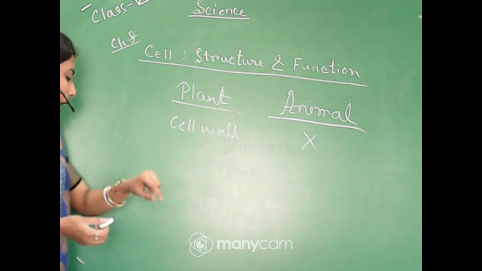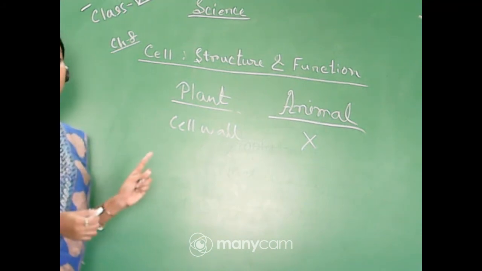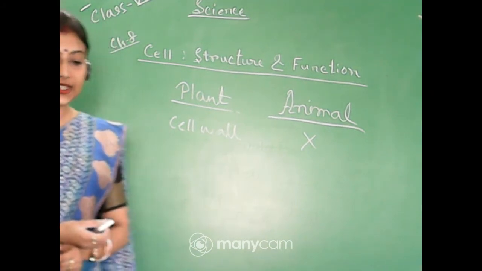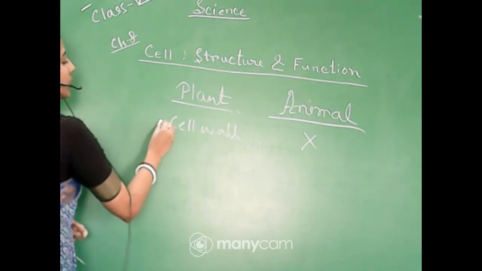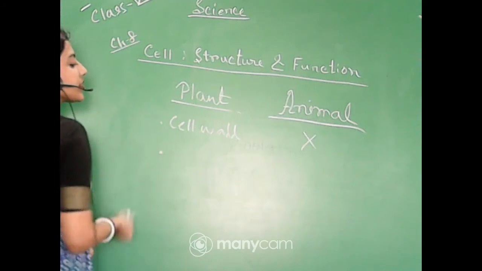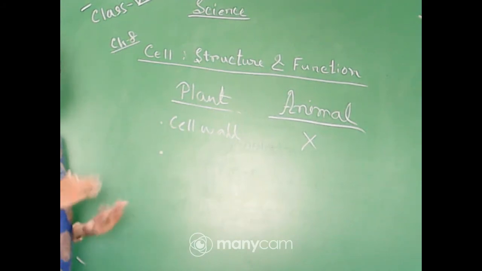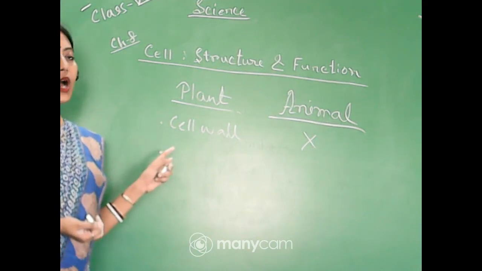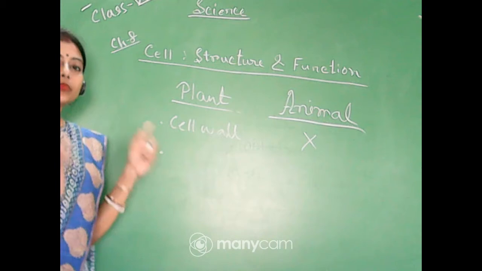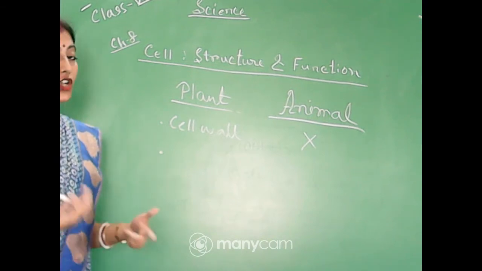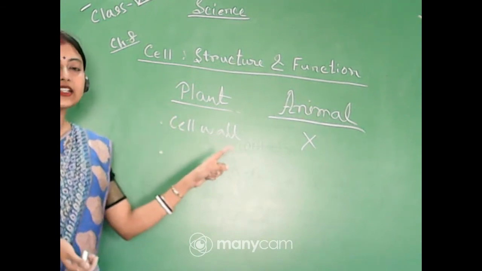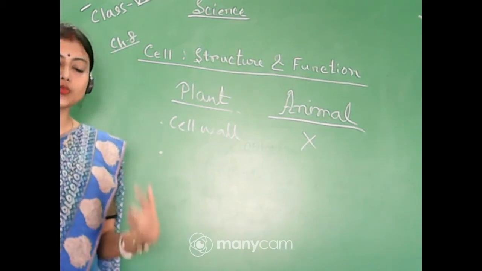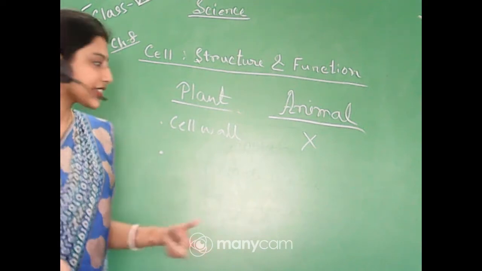Okay, what are the other differences between the plant and animal cell? Exactly, the presence of vacuoles. Now what is a vacuole? Vacuoles are large cavities present inside the cell of the plant. In the plant cell it is larger in size, but in animal cells it is not so large; they are small structures and also scattered.